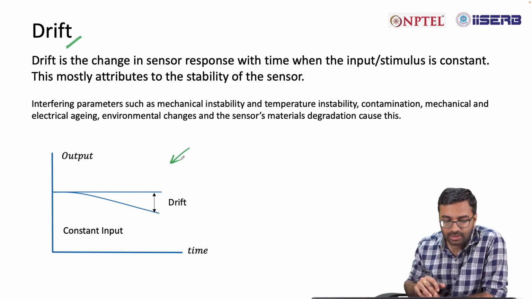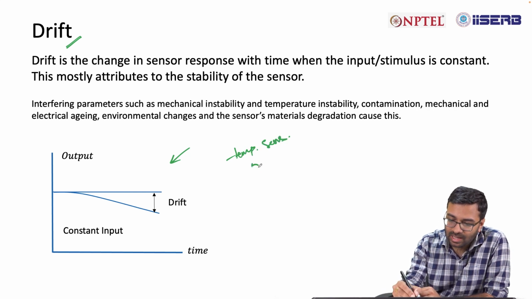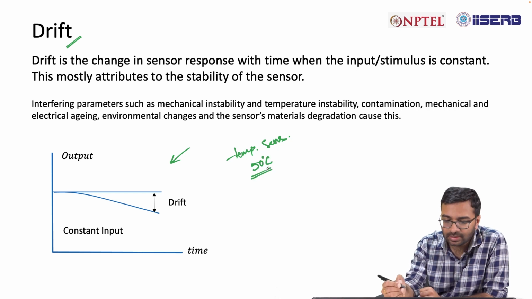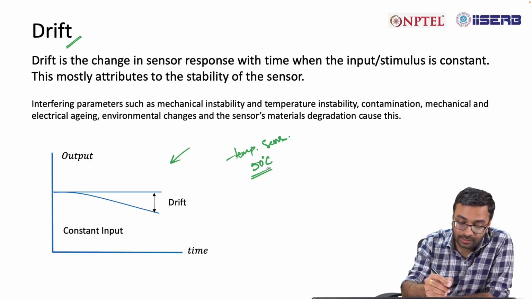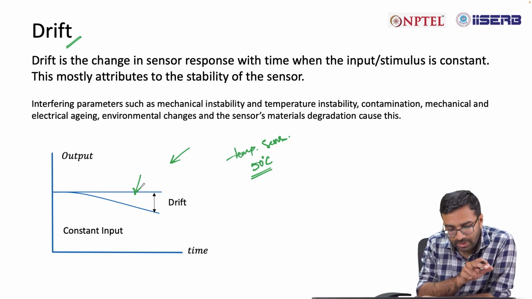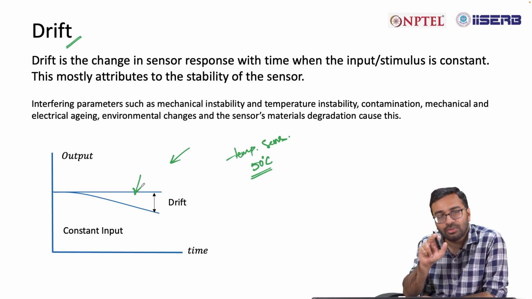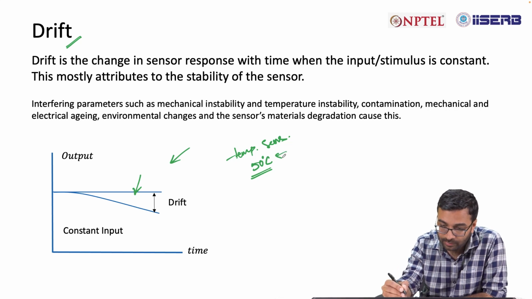For example, say you take again an example of a temperature sensor. You have kept this temperature sensor at 50 degree centigrade, and ideally you should get a response similar to this straight line. So, it should be constant with respect to time as long as you are applying 50 degree centigrade.